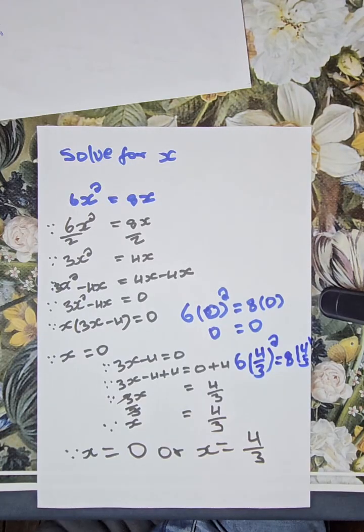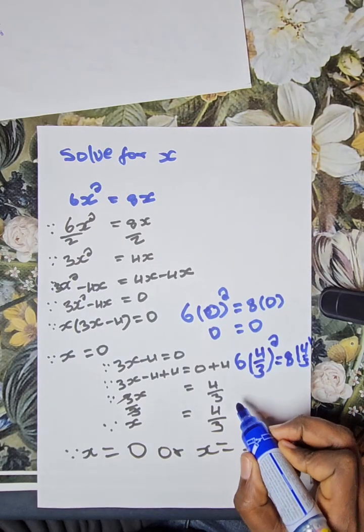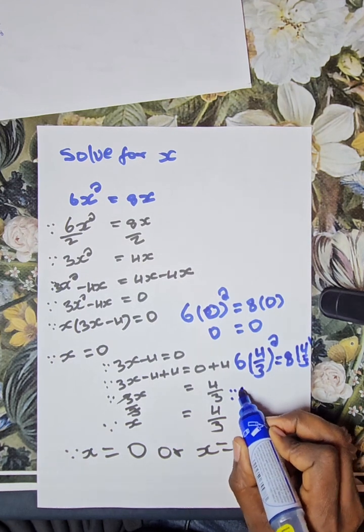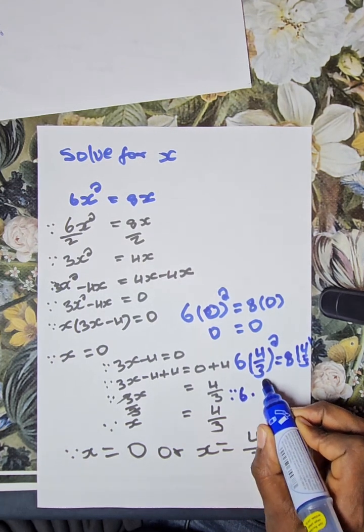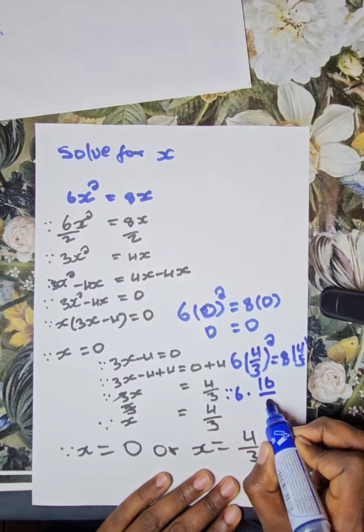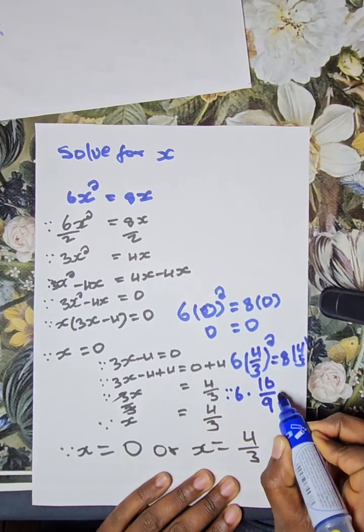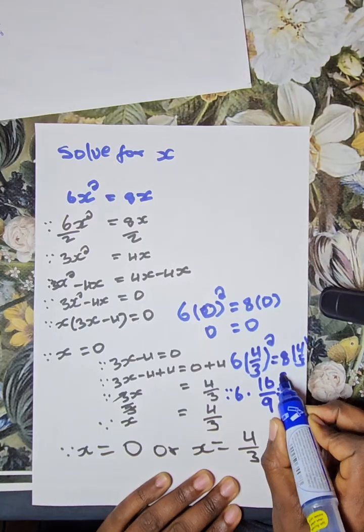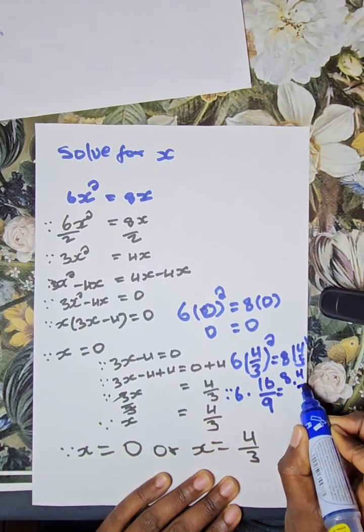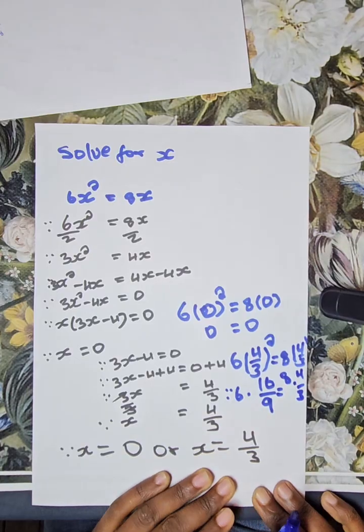Now let's simplify this one. 4 over 3 all squared: 6 times 16 over 9 equals 8 times 4 over 3.